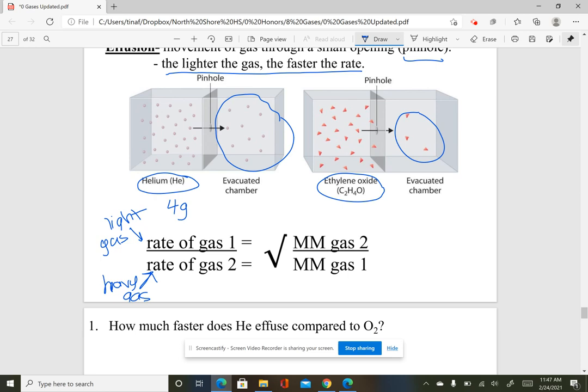And then that's equal to the square root of the heavier gas divided by the lighter one. So gas 2 goes on top, gas 1 goes on the bottom, and it's the square root. So now this is going to tell us how many times faster, if we plug the numbers in this way, the lighter gas moves.